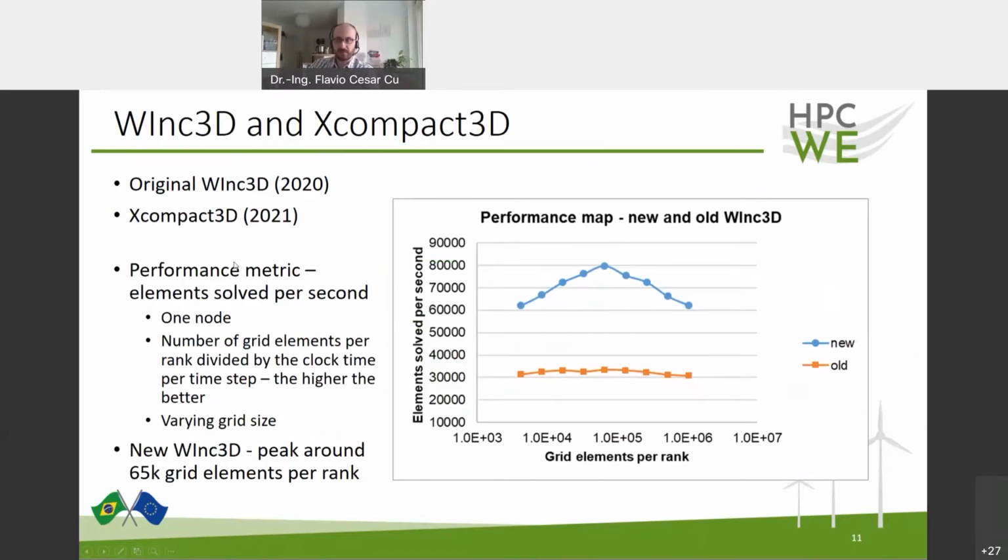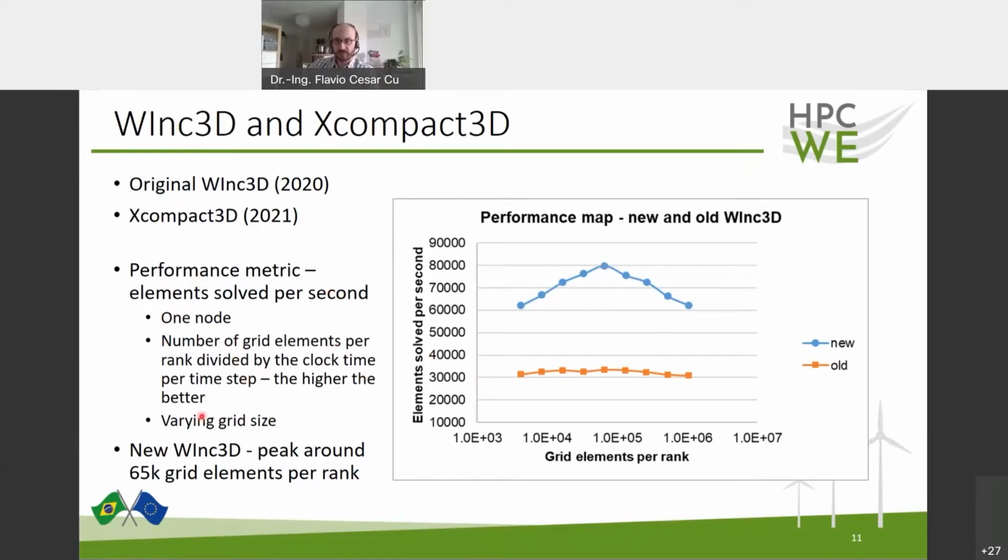To that end, I have used a performance metric. That's the elements solved per second. These experiments have been done in one node of the machine, and the number of grid elements per rank is divided by the clock time that we need to solve one time step. Then in this metric, the higher the metric, the better the performance is.